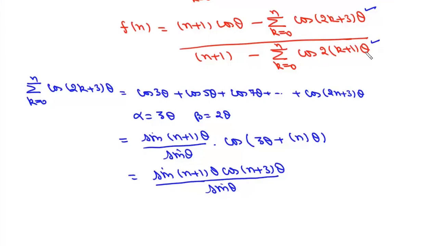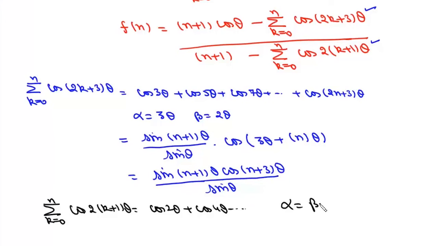And if we look at the second series, which is the summation, k varies from 0 to n, of cos(2k+2)theta, it will be cos 2 theta plus cos 4 theta and so on. In this case, alpha equals beta equals 2 theta. The number of terms is n plus 1, and again the angles are in AP.